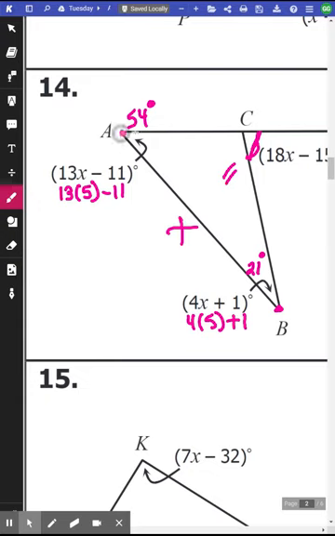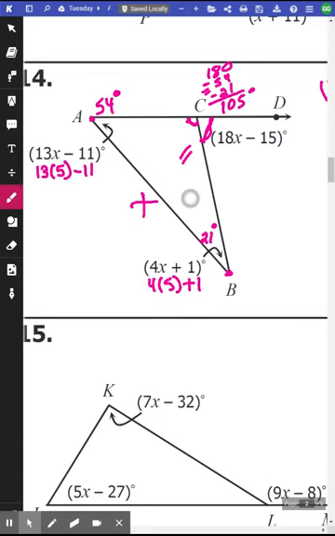For that one, just 180 minus 54 minus 21. So it is equal to 105 degrees.